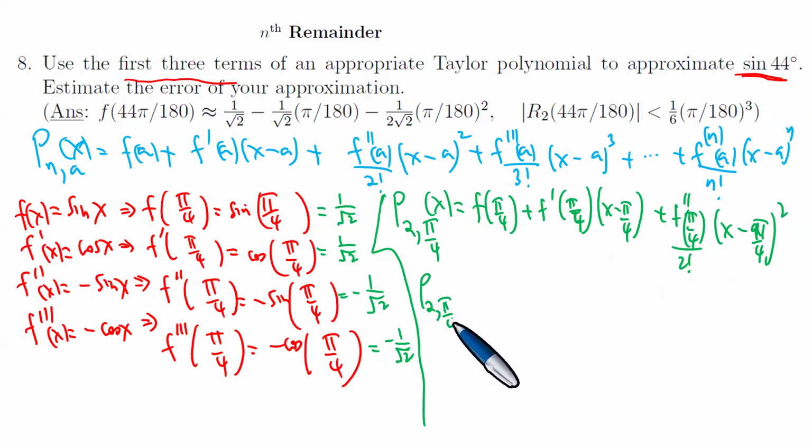And then we have pi over 4. F of pi over 4 is 1 over the square root of 2, which is this. And then f prime is again 1 over the square root of 2.